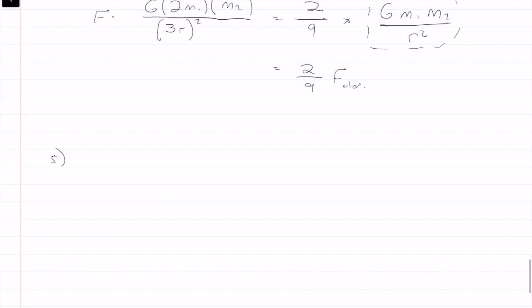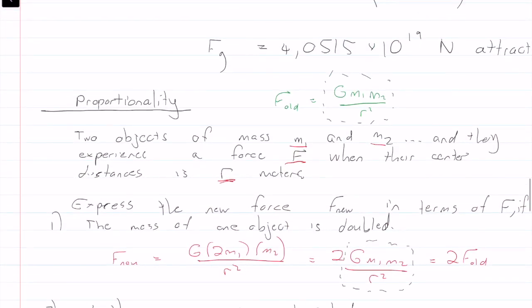Okay, so we have the same situation where the two objects have masses m1 and m2, experience a gravitational force F, and are a distance r apart, the same scenario we had right here.